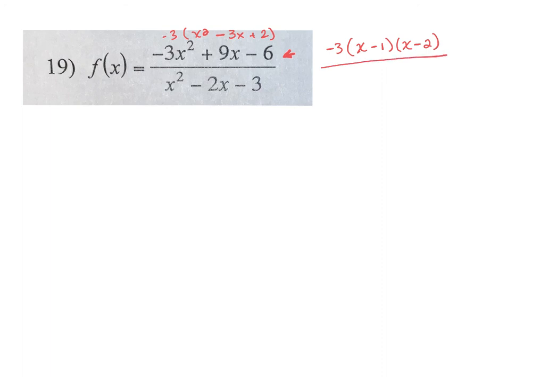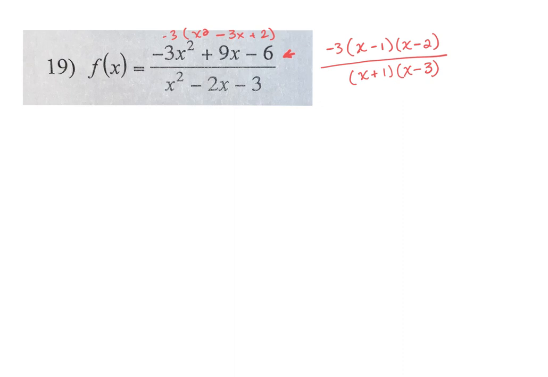Denominator, to factor this, we have -3. So we have a positive and a negative. We're going to use the factors 3 and 1, but one has to be positive and one has to be negative because I want a -2. So which one's negative to give me a -2? +1 and -3, sorry. They multiply to give me -3, and they add to give me -2, right?